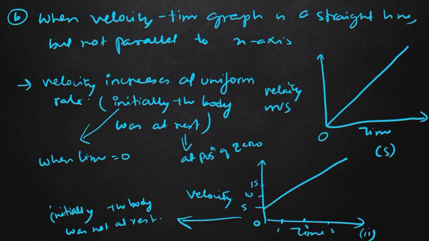Similarly we have the next one, that is C. That means when the velocity time graph represents a straight line but does not change uniformly with respect to time. How can we say that?